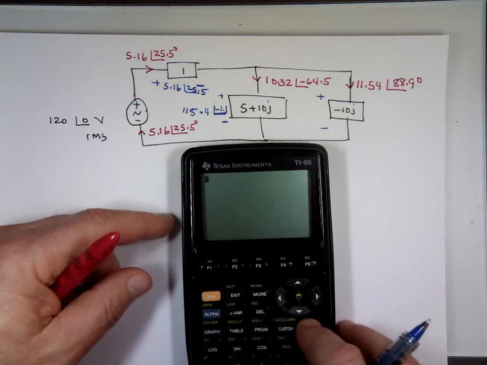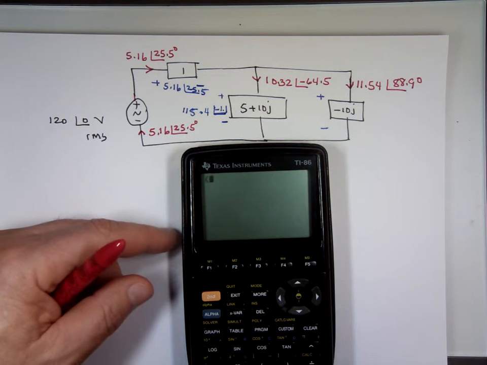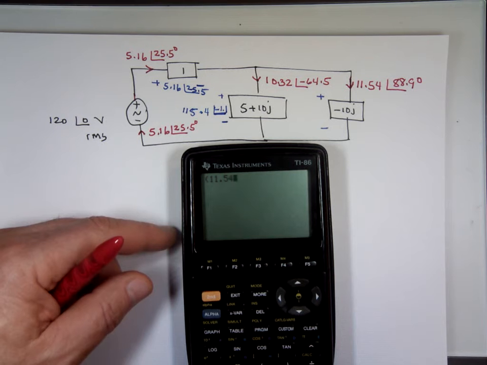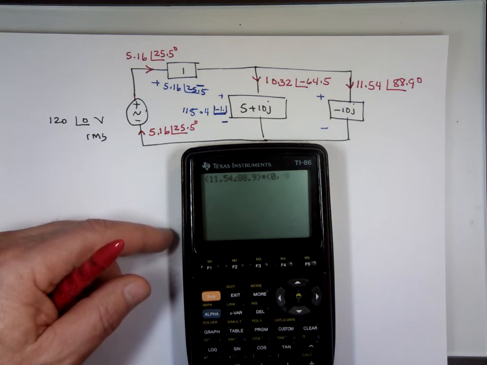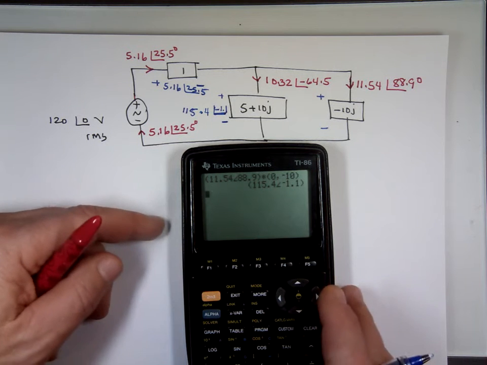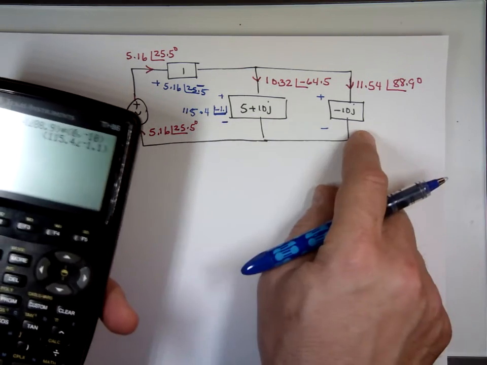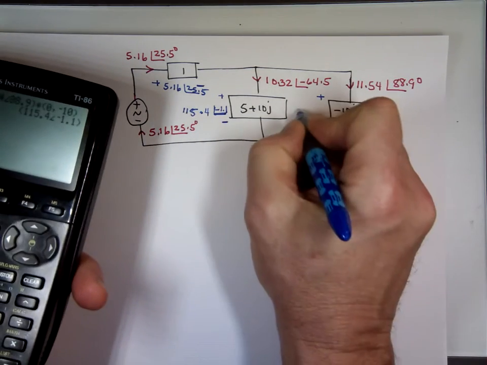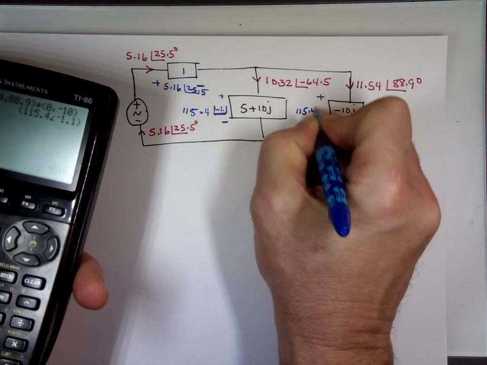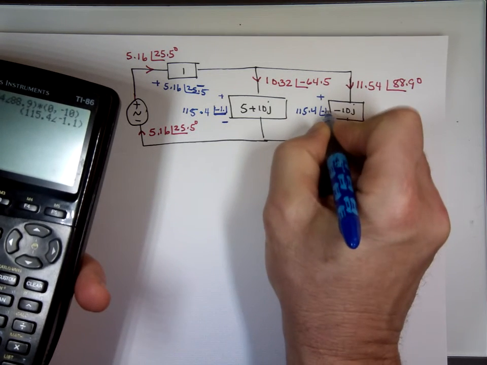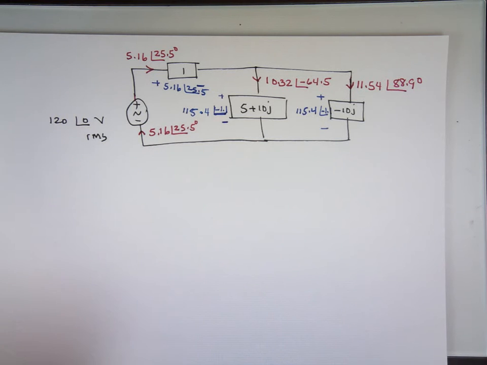Let's try it again. I got a massive number. 11.54 angle 88.9 times 0 comma negative 10. 115. Oh, they're in parallel. What am I thinking? Should be the same. 115.4. I drew a mental block there. Negative 1.1.